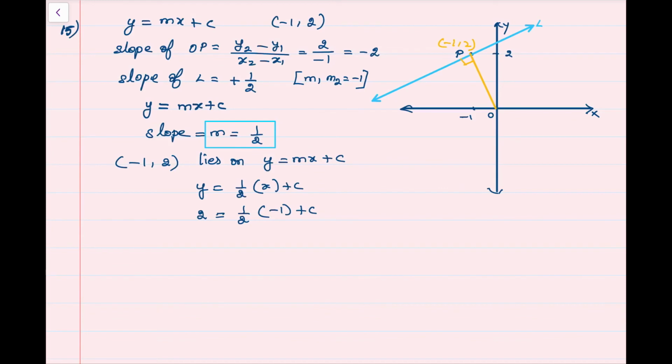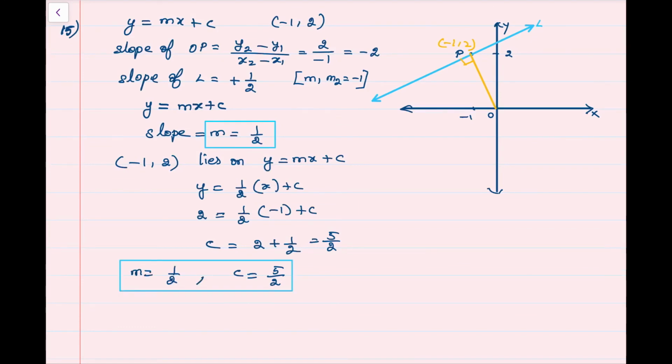We have substituted the point minus 1, 2, from which we can find the value of c. Therefore, c answer is 5 by 2 and m answer is half. Or we may find the equation of that line using point slope form and we can find m and c.